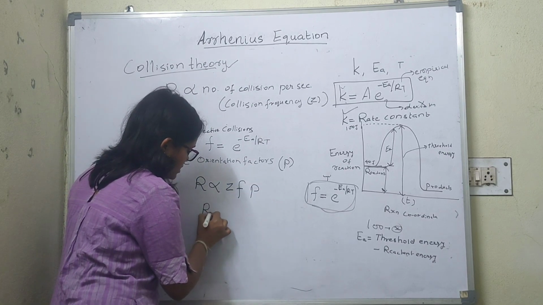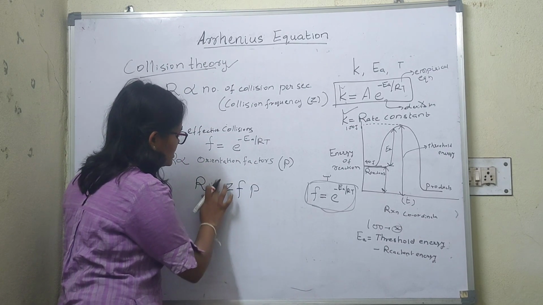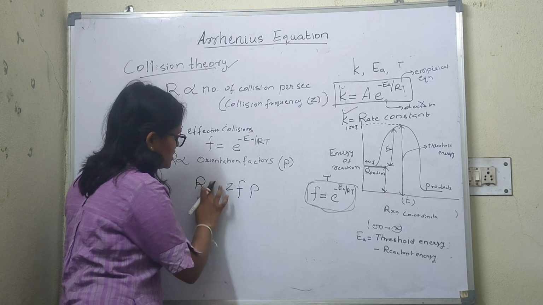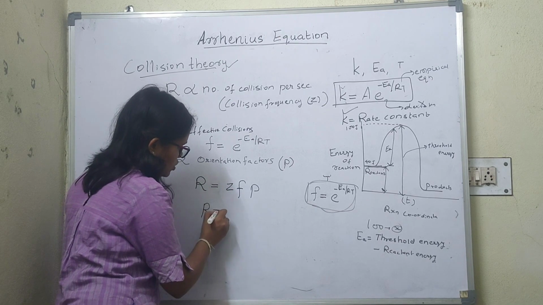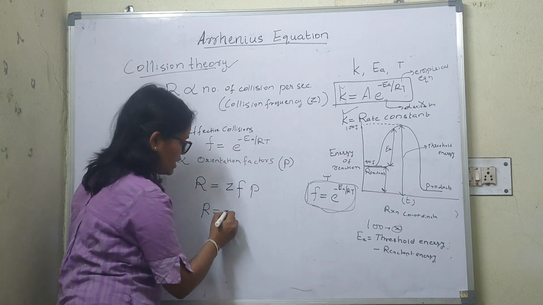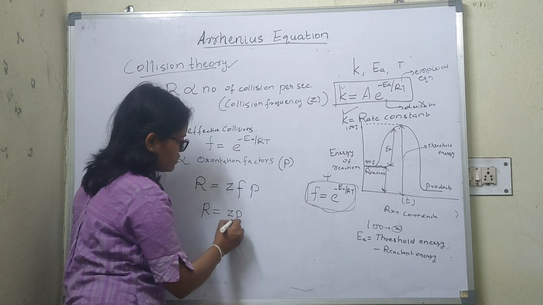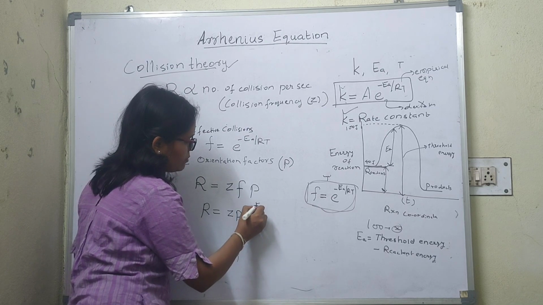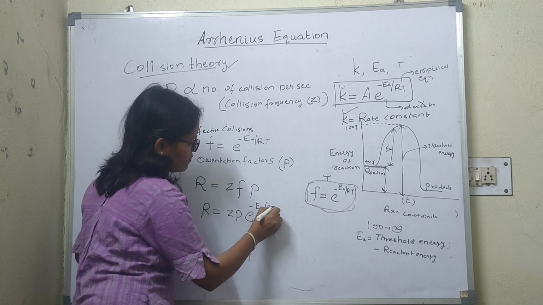Now suppose I consider the proportionality constant as 1, I can put equal here. We know F is e power minus Ea over RT. So rate is equal to Z into P into e power minus Ea over RT.